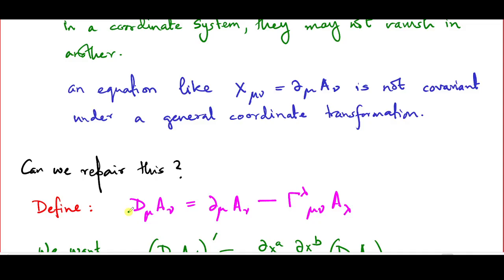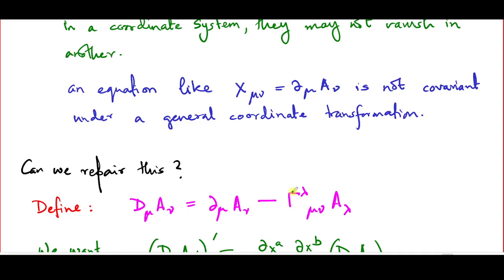one which is designed to get rid of that additional pesky term which was ruining covariance. So the definition is capital D mu nu, my new kind of derivative, is the same as del mu nu apart from this additional correction term. The correction term is proportional to the components A. Of course, it depends on the indices mu and nu.